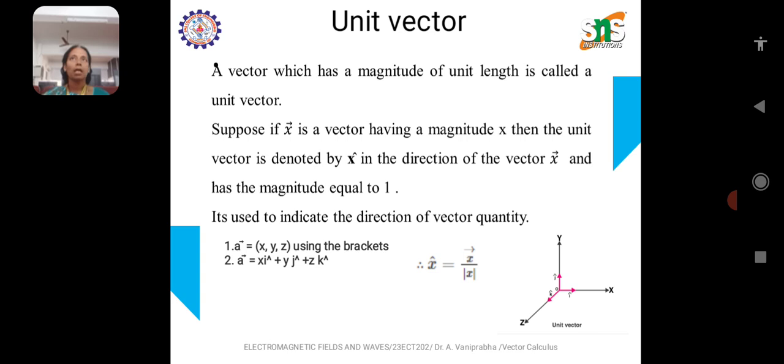So next is unit vector. Unit vector, as the name implies, is a vector that has a magnitude of 1.